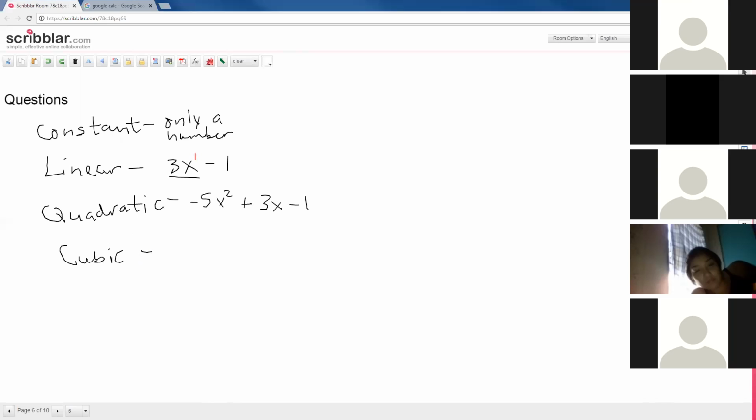Yes, there is the exponent of 1 here, but 2 is the biggest, so we call it a quadratic. And then cubic is when you have an exponent of 3 as the biggest exponent. It doesn't have to have squared and a constant for sure, you just have to have that x cubed to make it a cubic.